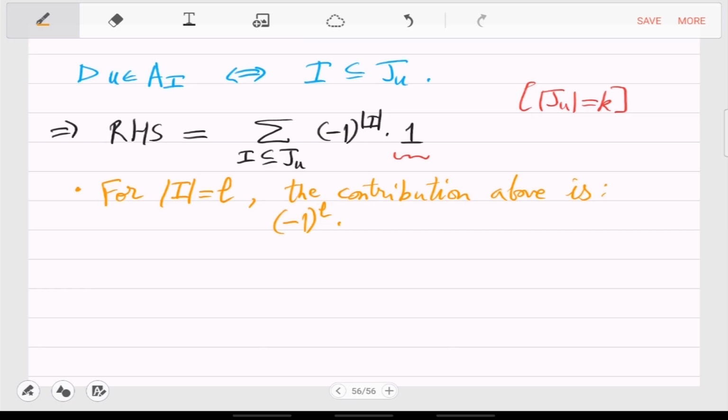So size of I we are fixing it to be L, and now we are counting how many times does -1 to the L appear. That will be k choose L, right? And then you sum up over all the L's.